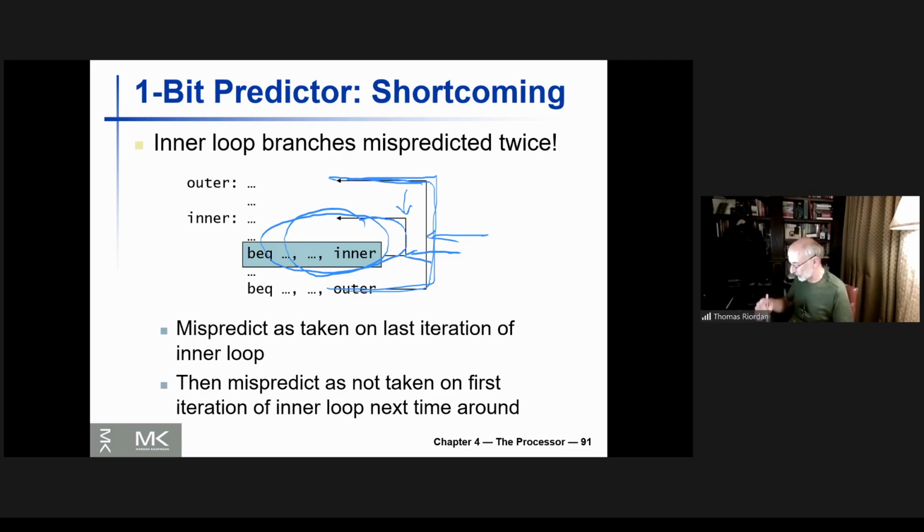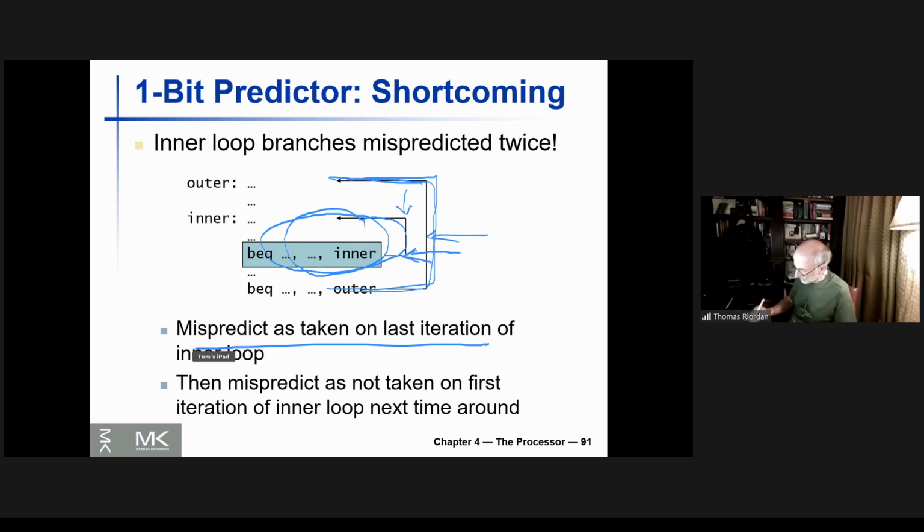You're going to do that thing 20 times, but the first time, since you flipped it to not taken when you fell out, now you're going to have it not taken, and so you're not going to take it, but you really did want to take it because you want to go around the loop. And so you mispredict twice for no good reason whatsoever.